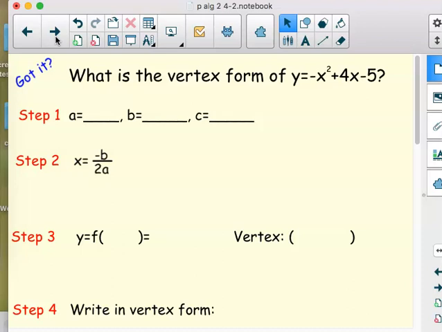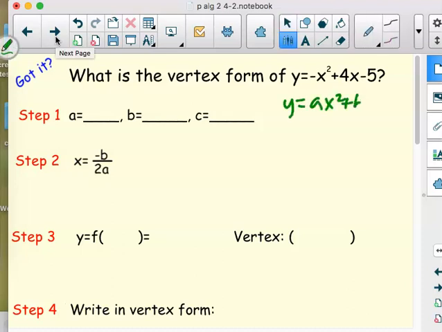What is the vertex form of this? Well, to start, we need A. What's A? -1. It is. What's B? 4.